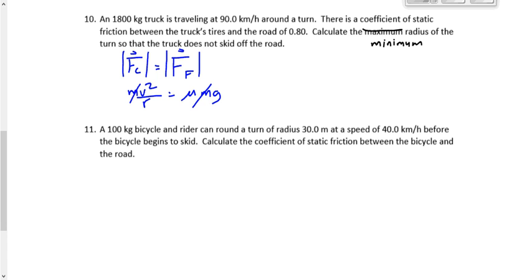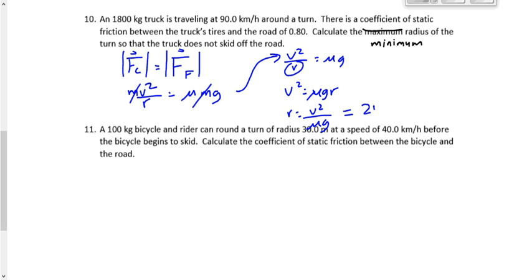The mass cancels out. So I've got v squared over r is equal to mu times g, and we're looking for r here. So take that up by multiplying. Mu times g times r, and then we take the mu g down by dividing. V is, we don't want 90 kilometers per hour, rather we're going to convert that to 25 meters per second. Divide it by mu, which is 0.80 times 9.81.